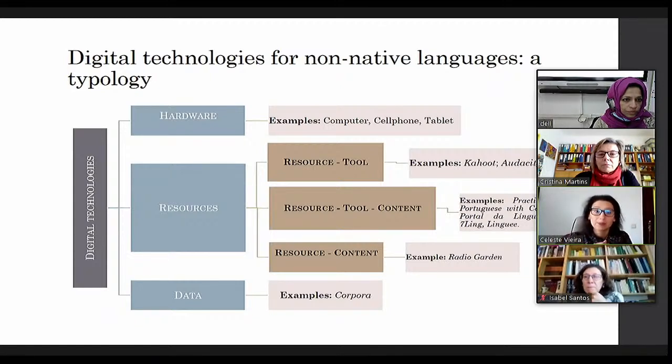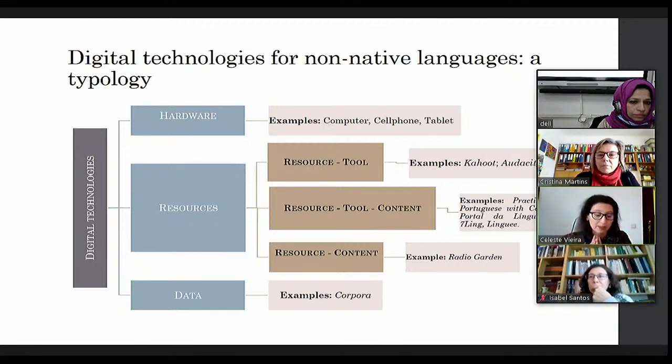The second type, resource tool content, corresponds to digital technology with content. I mean, they allow some level of interaction, such as inserting and obtaining a result from the system supported by a database. Some examples of these are dictionaries like Priberam or Lingea, or apps like 7link, or websites like Practice Portuguese, Portuguese with Carla, or Portal da Língua Portuguesa.